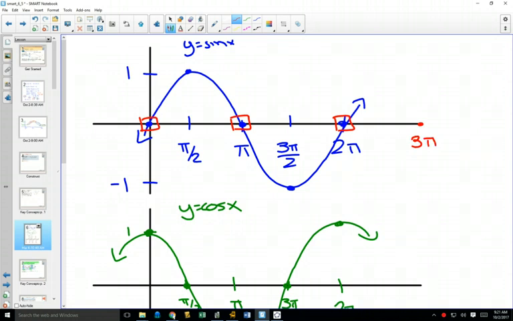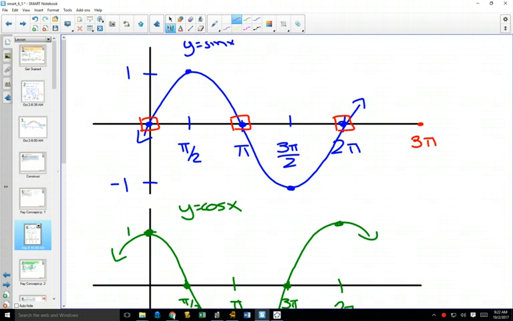If you think about your pi plate, if you think about where your y coordinate is equal to 0, you can see it's here and here. 0, pi, 2 pi, 3 pi, 4 pi, 5 pi, 6 pi, 7 pi, 8 pi, 9 pi, 10 pi.